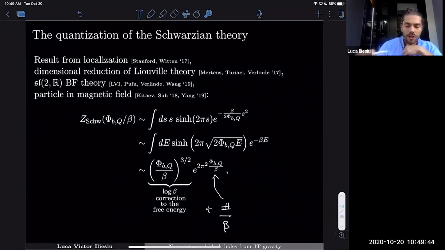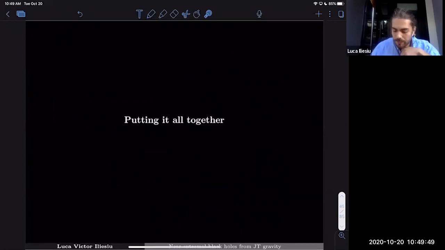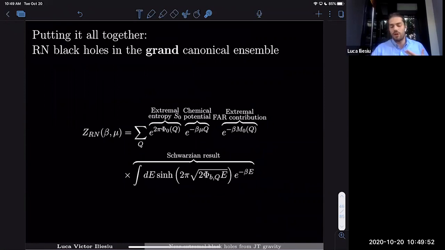Good. So now I have all the ingredients and I can put everything together. I can take the previous result that I had for the contribution of the action from the faraway region. This is just given by this term that yields the ground state energy. Then I have the chemical potential that appeared when I integrated out the U1 gauge field. This chemical potential was associated to the holonomy of the U1 gauge field around the S1 at infinity.